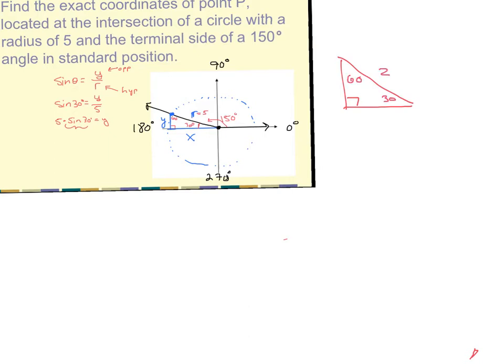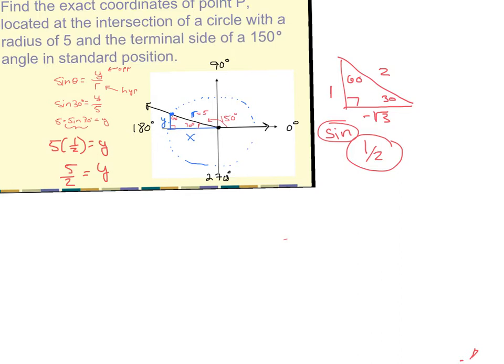A 30 degree angle, this is 2, this is root 3, negative root 3 because of the perspective, and this is 1. Sine of this angle would be opposite over hypotenuse. If the radius was 2, it would be 1/2. So sine of 30 degrees all by itself, without any change in the radius, is going to be 1/2. I go back to my problem, and I plug that in for sine, and so y is going to equal 5/2. I'm going to write sine up here so we know that that's our sine value.